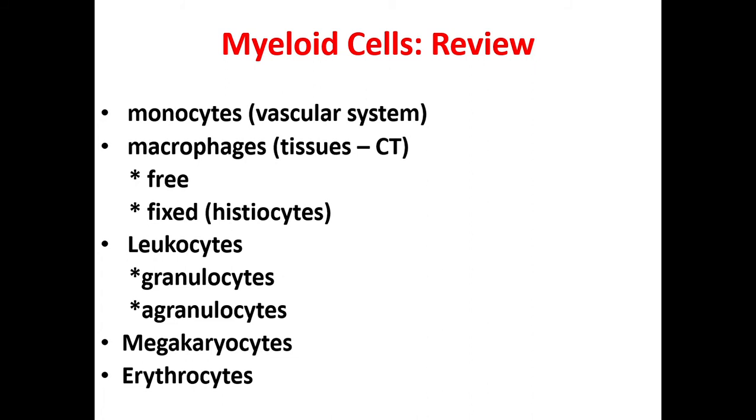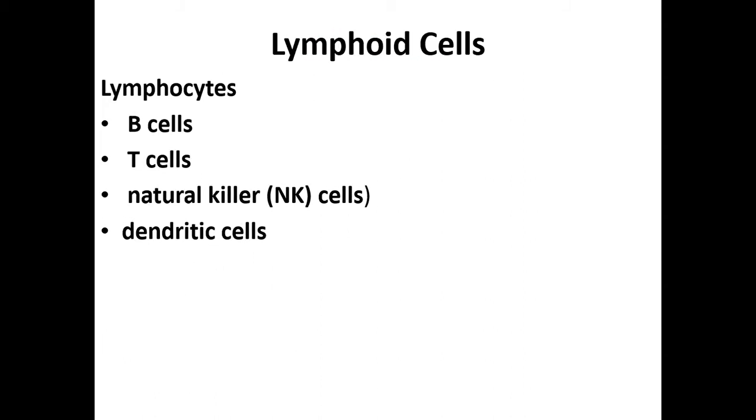Again, in the myeloid lineup, we have the myeloid cells. Particularly, we have the monocytes, the macrophages, the leukocytes, the megakaryocytes, and erythrocytes. In the lymphoid lineup, we have the lymphoid cells.